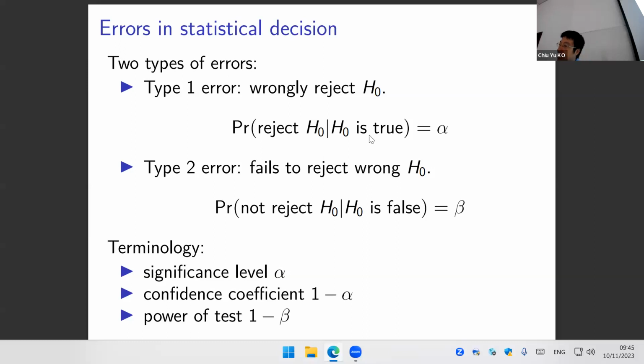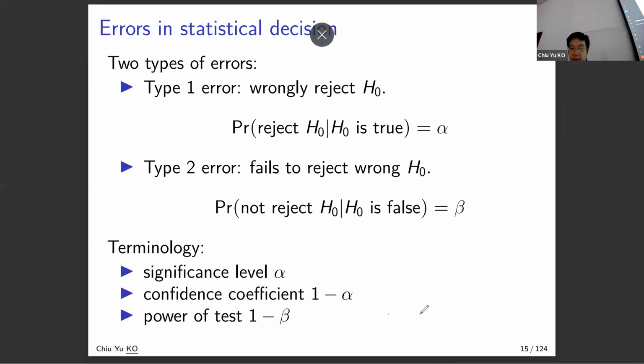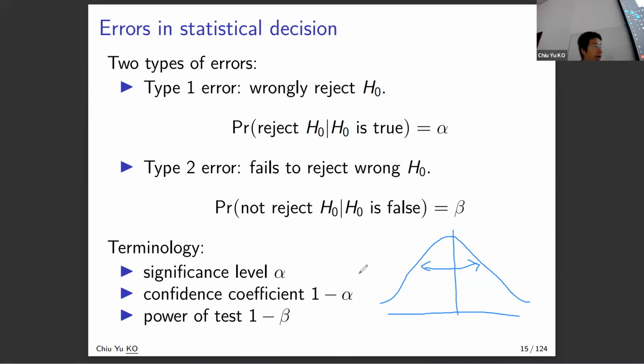Type 1 is when the null is actually true, but you reject it. Imagine the null is actually true, say it's a bell curve, and it's mainly surrounding here. But because you're making a decision, you need to specify the region that supports this hypothesis.